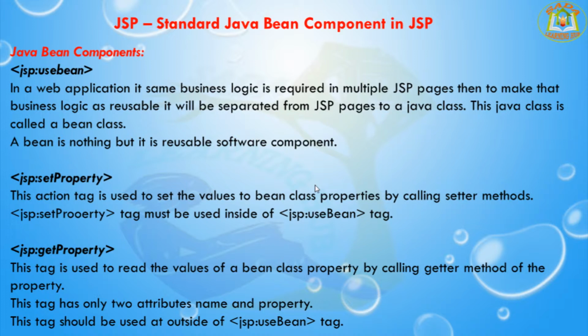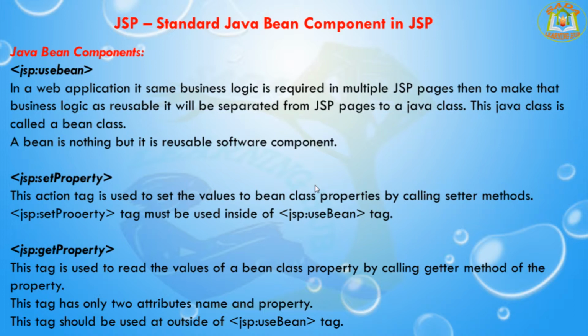Now, here is one question: what is a Java bean? A Java bean is a class which follows some principles. A Java bean is nothing but a class, but that class needs to follow some principles.